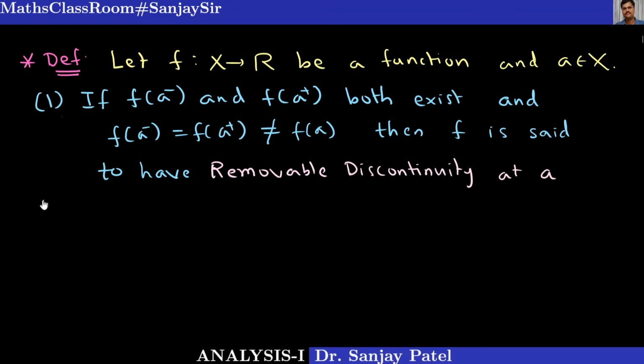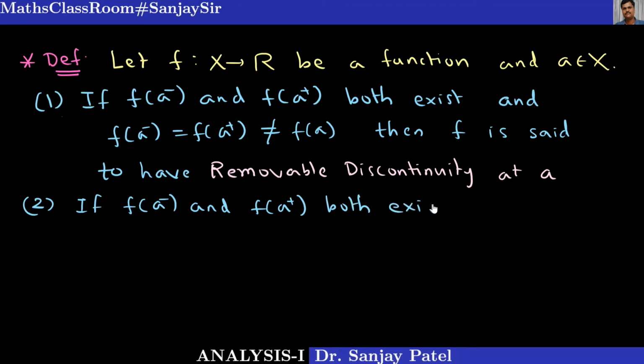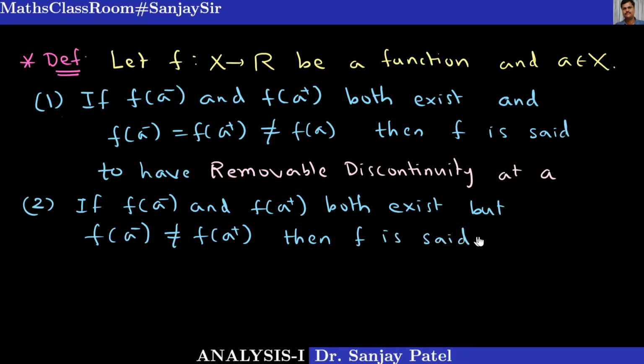Number 2: if f of a minus and f of a plus both exist, but f of a minus is not equal to f of a plus, then f is said to have jump discontinuity at the point a.